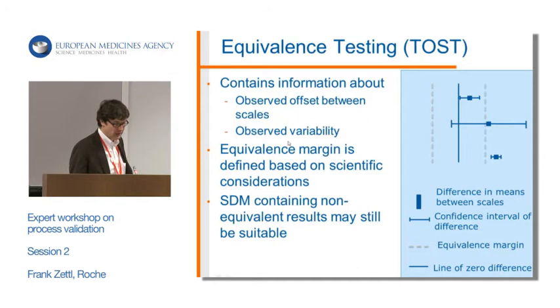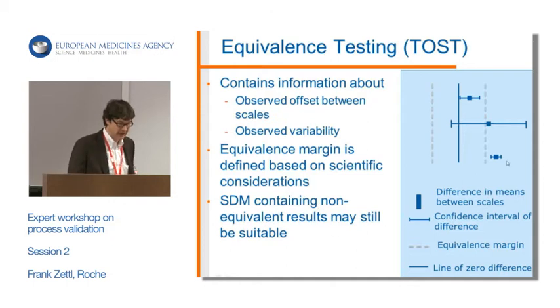This equivalence margin is defined based on scientific considerations, so it's not a statistical margin. It's a scientific margin. But we want to repeat that there are scale-down models that are non-equivalent and they still might be suitable.